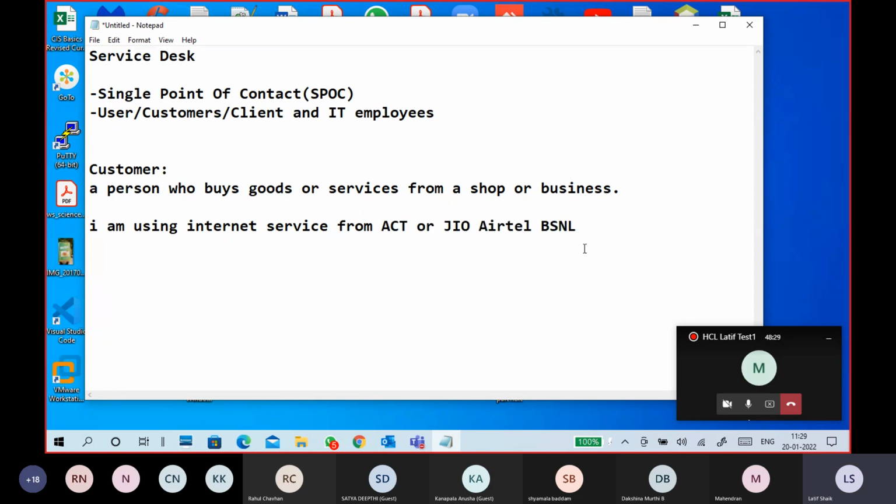Which service provider? These are internet service providers. They provide a service. The service provider provides a service, and the customer will use or access the service.